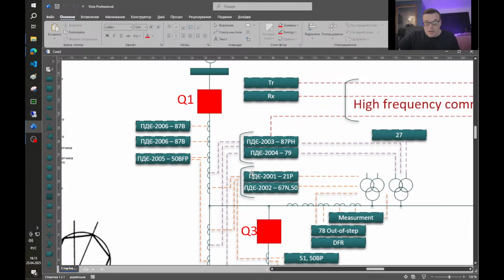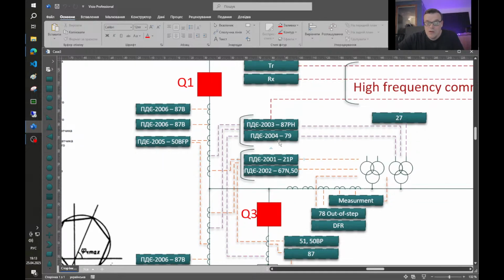And 2004 is for automatic reclosing. It has phase selectors, and it can do single phase trips and three-phase trips with various controls.